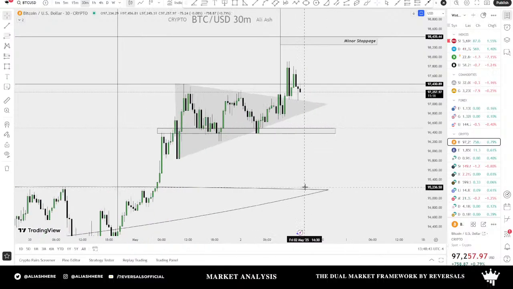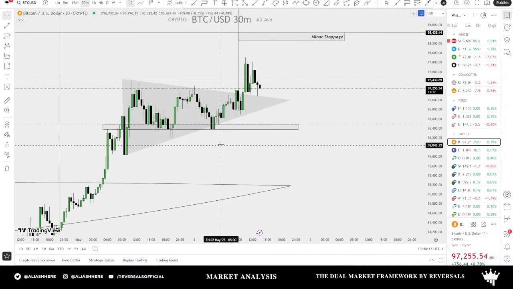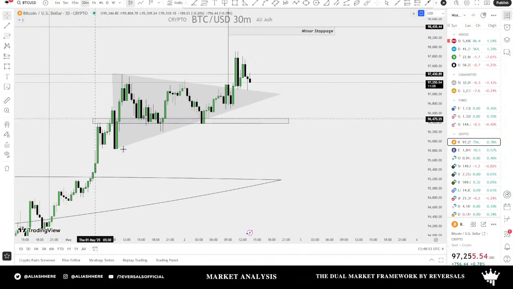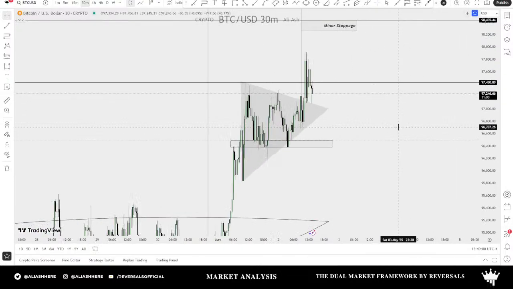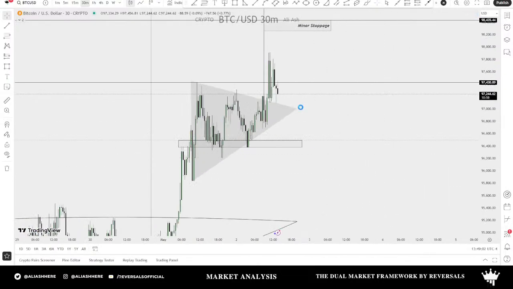So we have this long consolidation, and if you don't know how the pennants work, market structure goes in mainly two ways.